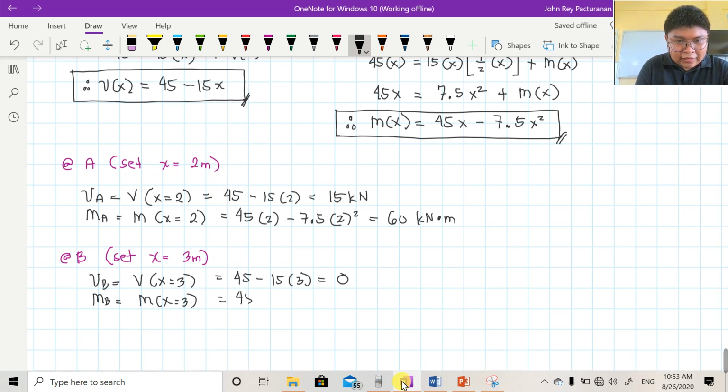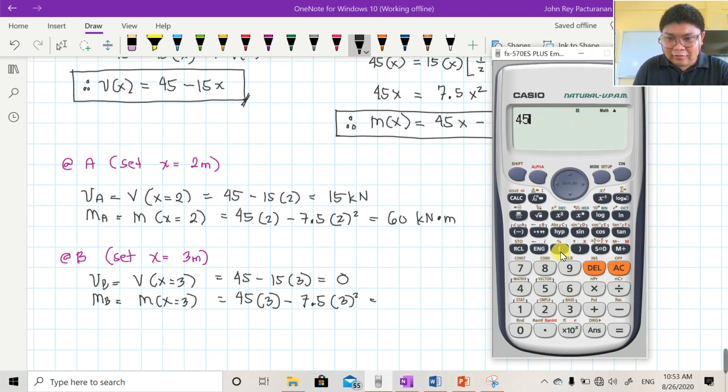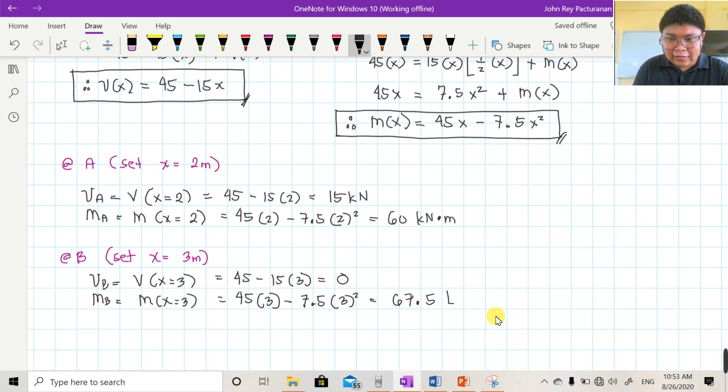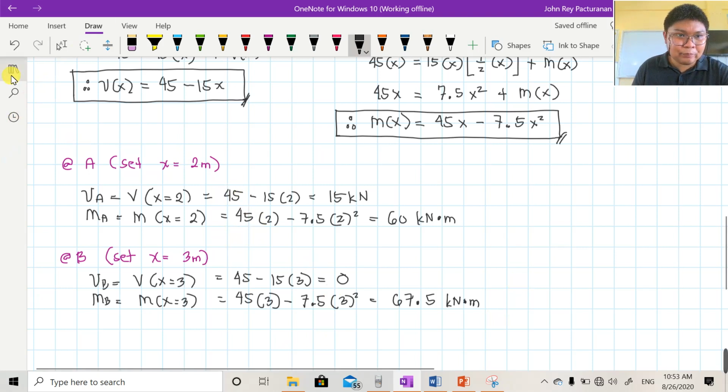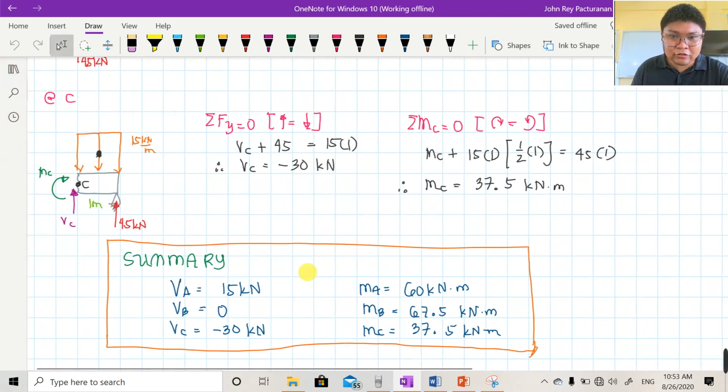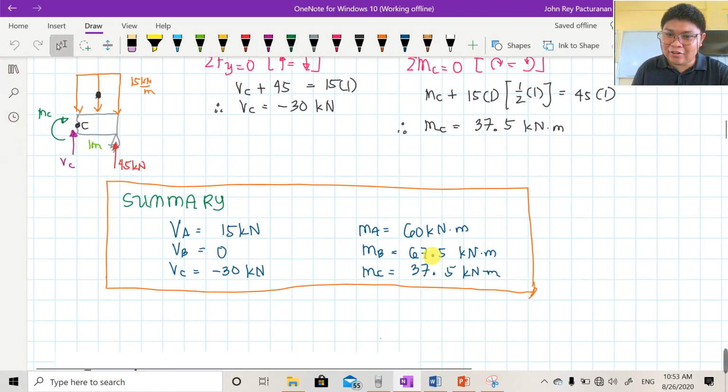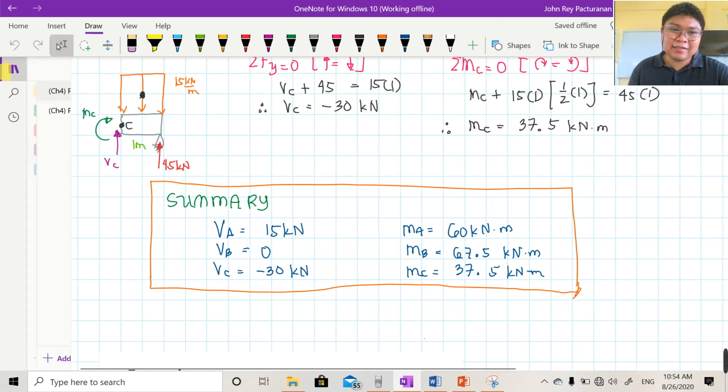So, that is equal to 45 times 3 minus 7.5 times 3 squared. Okay? So, just substitute it. Our answer, class, is 67.5 kilonewton meter. Let me check again, class, in case it is wrong. From our last solution, this is our summary: shear at B is 0, moment at B is 67.5 kilonewton meter. So, you are correct again. You would wonder if the values were different, which should not be possible.